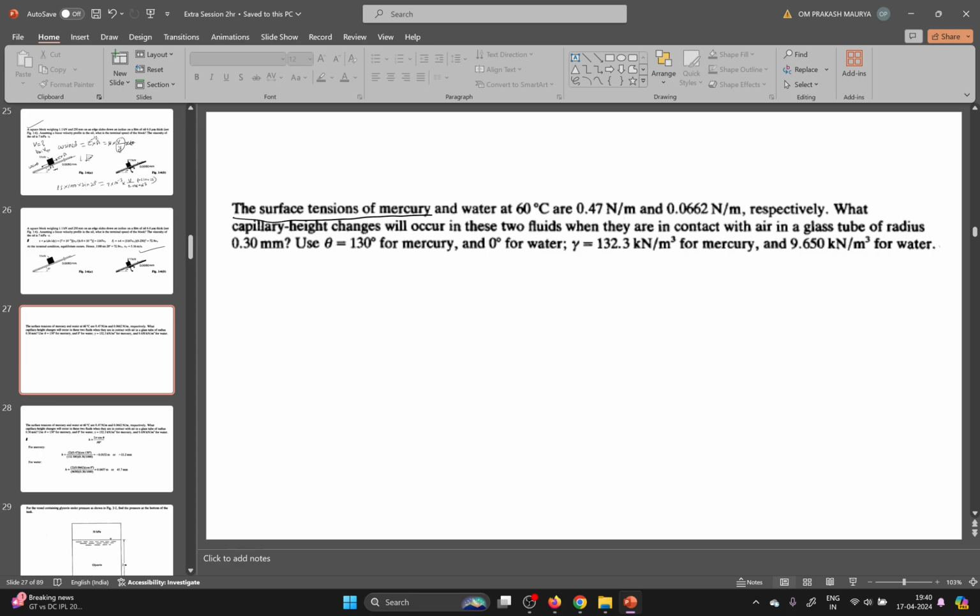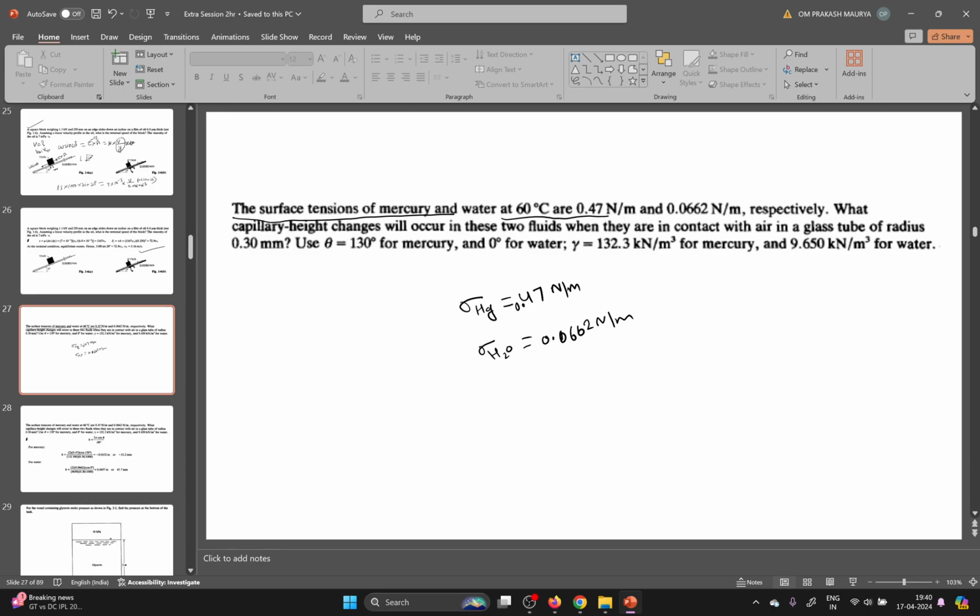The surface tension of mercury and water at 60 degrees Celsius, that is your surface tension of mercury Hg, and your surface tension of water H2O, is given as 0.47 Newton per meter, and for water it is given 0.0662 Newton per meter respectively.